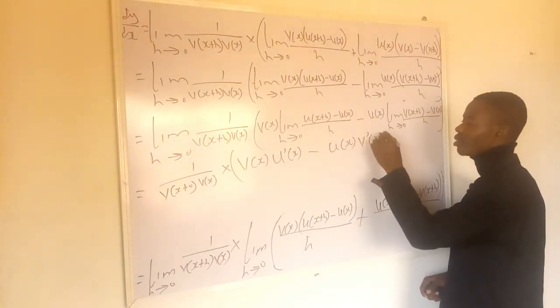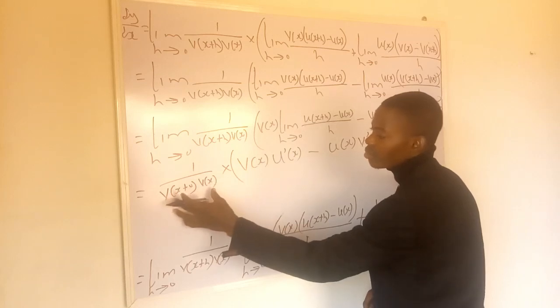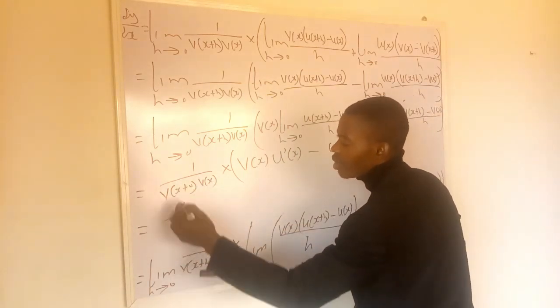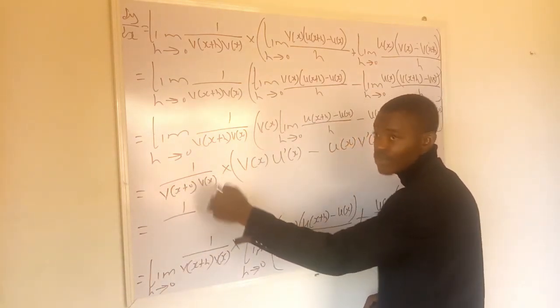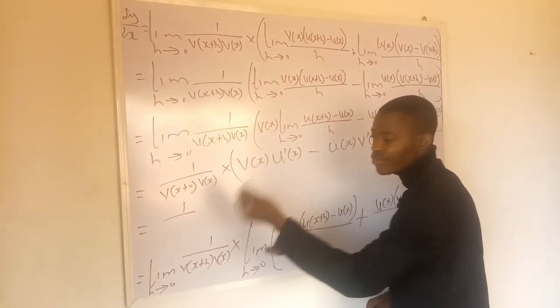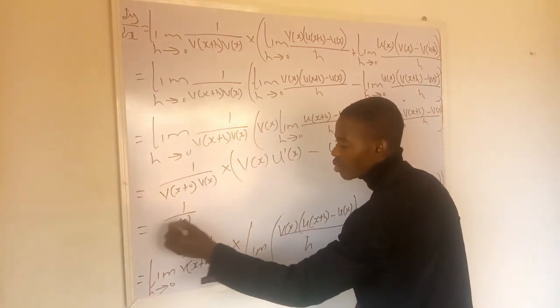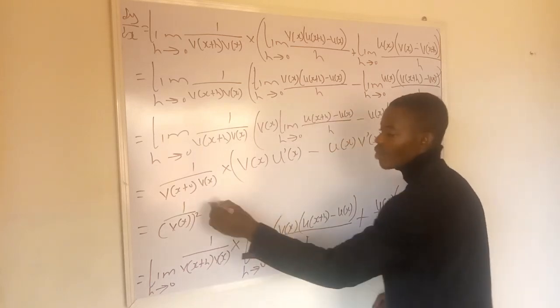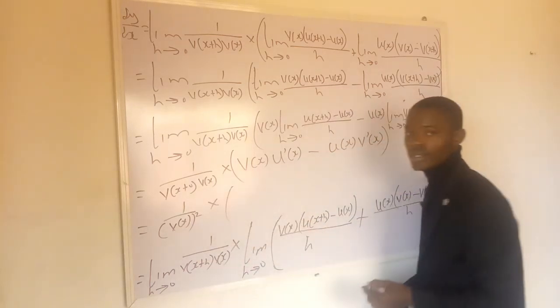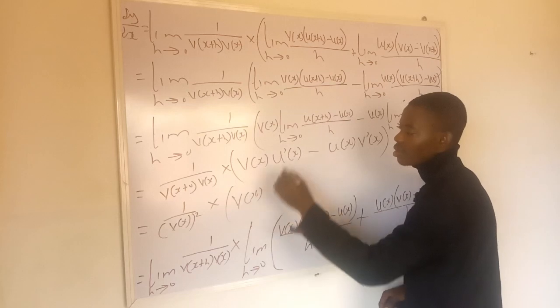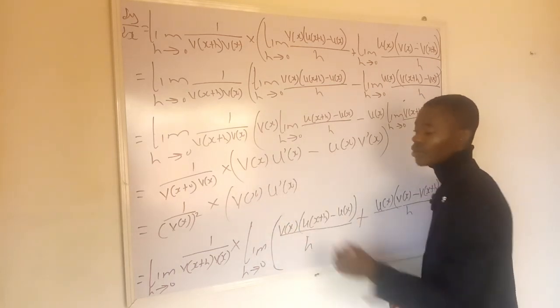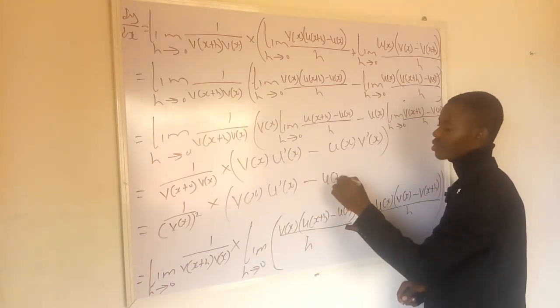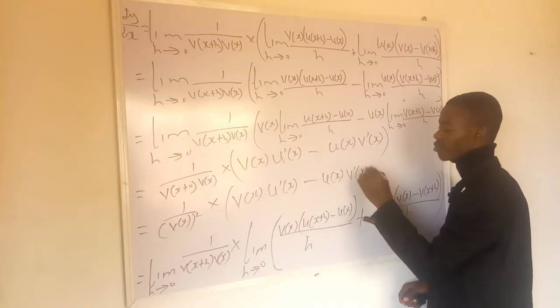Perfect. So now, simplifying, we have 1 over v of x plus 0, that's v of x, times v of x becomes v of x all squared, and I'm multiplying that with v of x times u prime of x, then minus u of x times v prime of x.